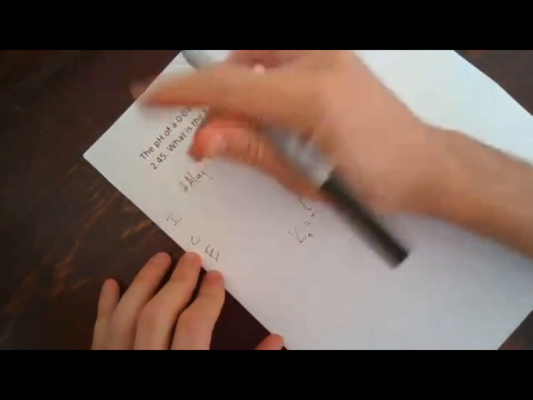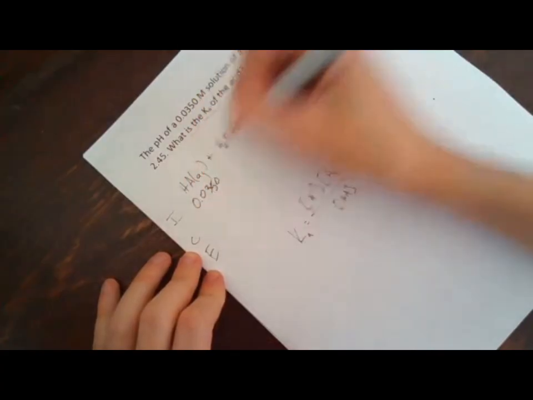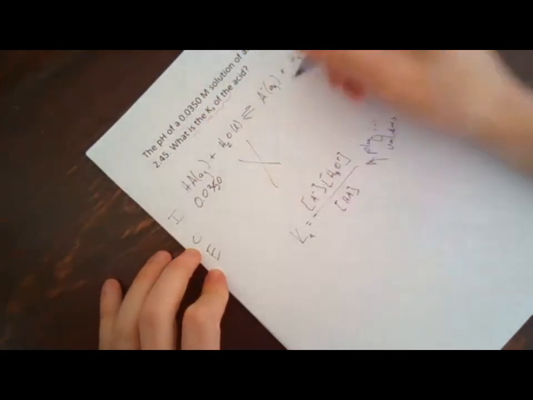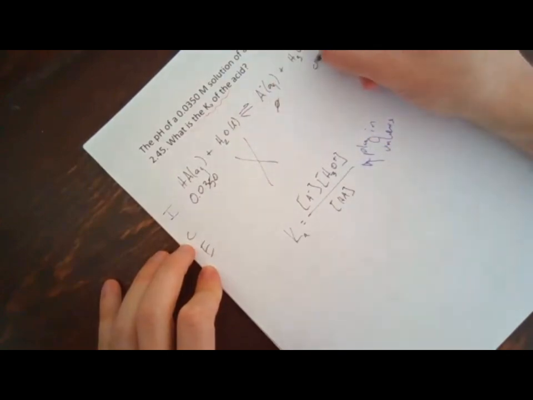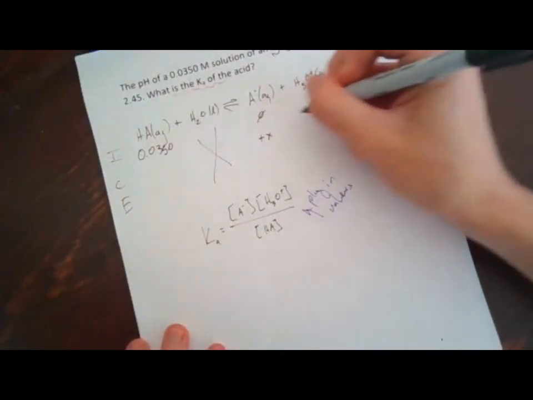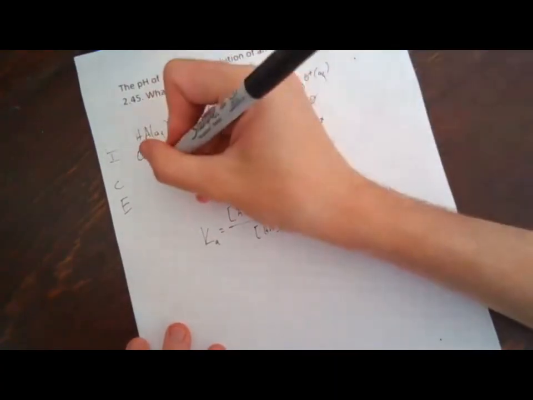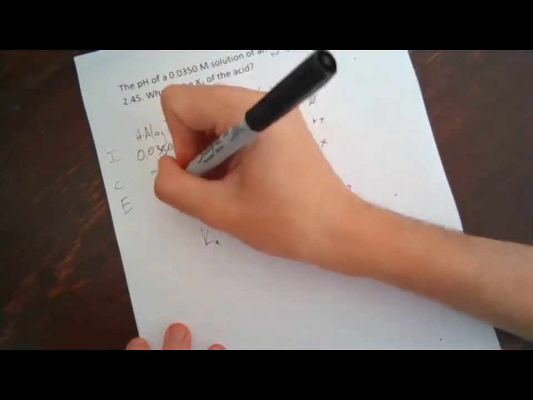So I don't know what the acid is, but I know I start with 0.035 molar. The water doesn't matter. Zeros on the product side. So this is the standard ice table format that we have for weak acids. We know the shift is to products, and it's just plus x, because I'm dealing with acid-base chemistry.